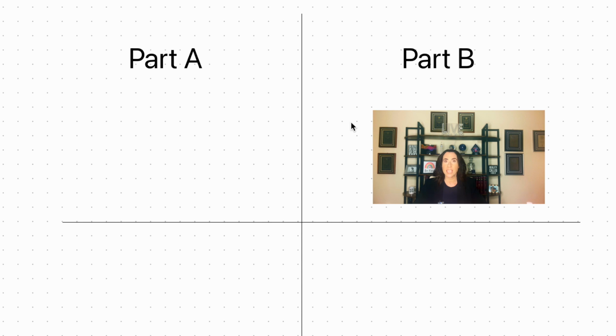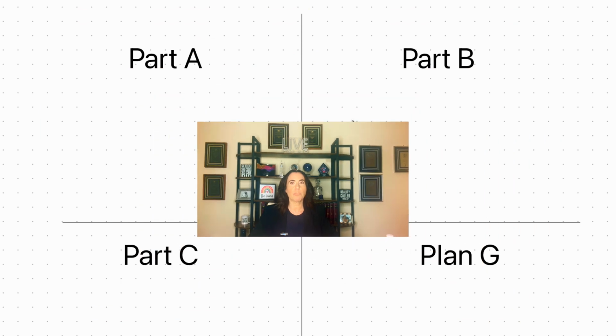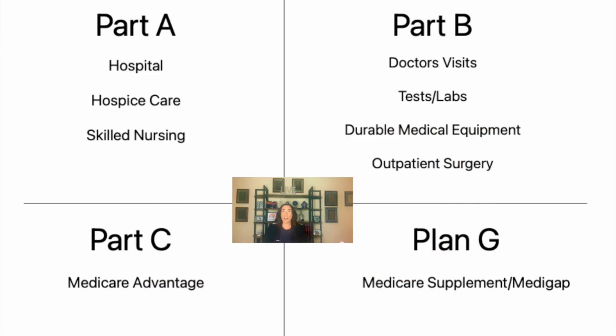In the upper right box, please write the letter B for the Part B of Medicare. In the lower left-hand box, please write the letter C, and then in the lower right-hand box, please write in the letter G.